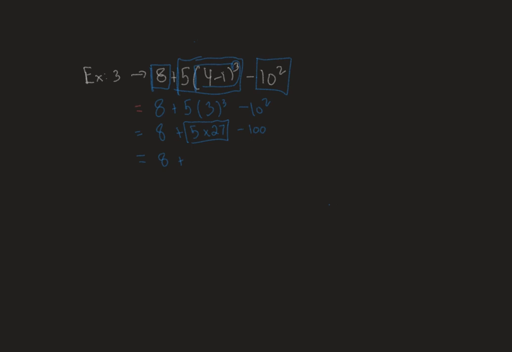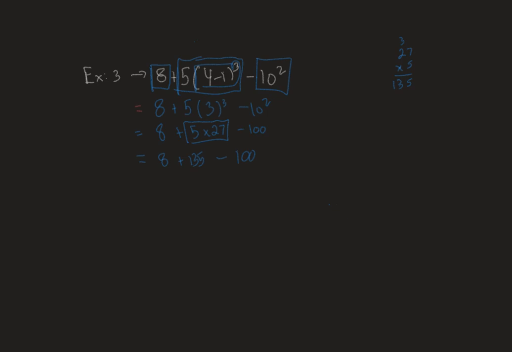So just in case you want to do a quick review here, you can go 27 times 5. You can go straight up if you're having trouble doing it in your head. So you got 5 times 7, which is 35. Carry a 3. 5 times 2, which is 10. So it's 135. Minus 100. Okay.